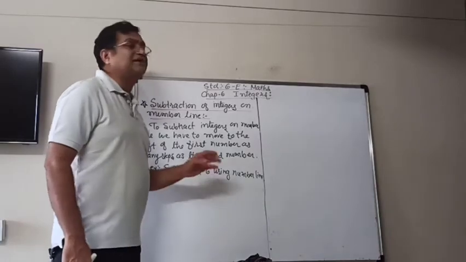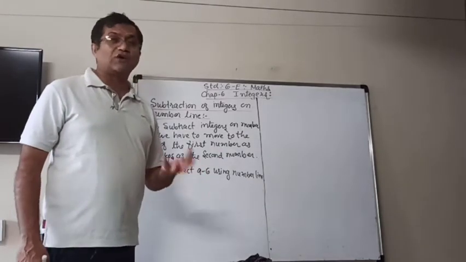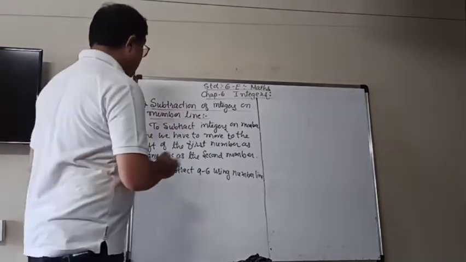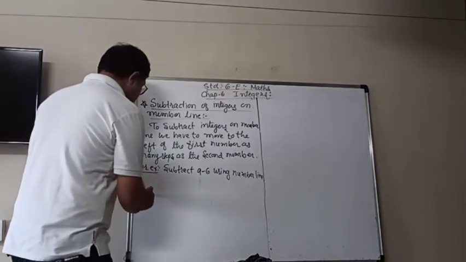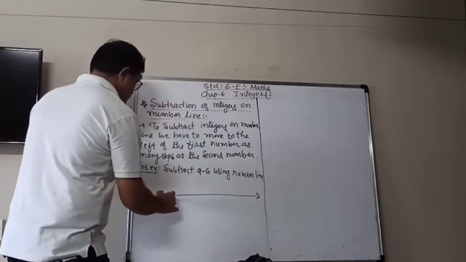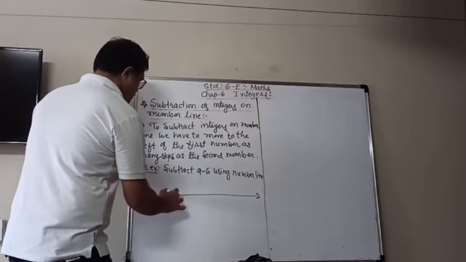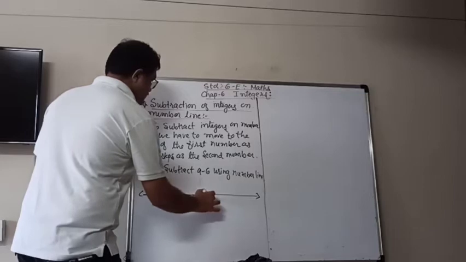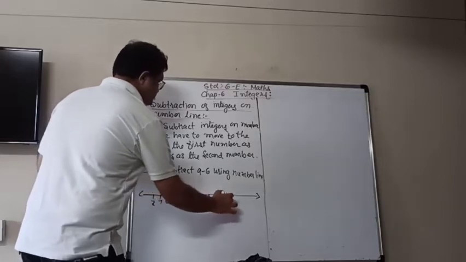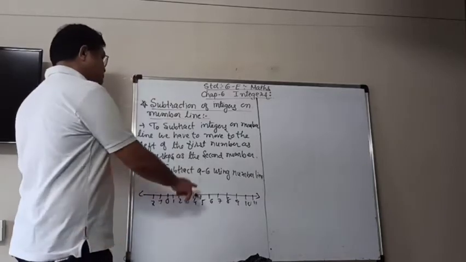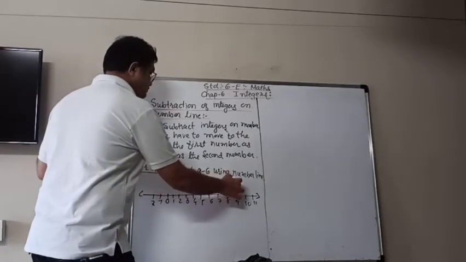Subtract 9 minus 6. Now we know 9 minus 6 is 3. But how do we use a number line to get that answer? Here, we can start with 0, 1, 2, 3, 4, 5, 6, 7, 8, 9, 10, 11. We have to start from the number 9.